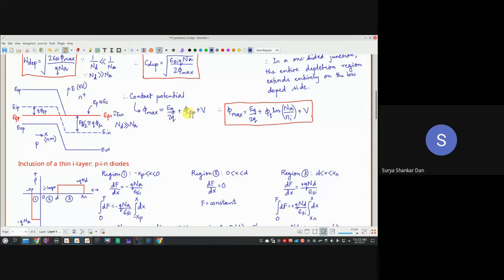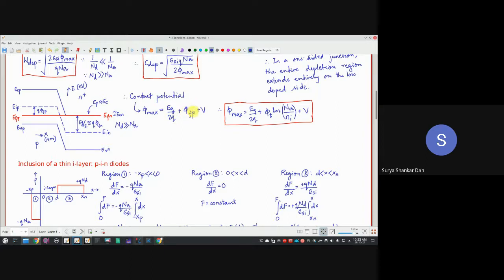Note one important thing. This x-axis in this band diagram is basically the energy, right? So here we have written Eg by 2, ECP, EIP, EFP, EVP. Whereas contact potential is a potential, unit is volts. What was the unit over here? Electron volts, energy unit. Here it is volts, that is why we have to divide Eg by 2 by Q here.